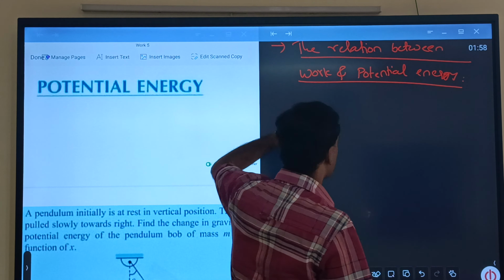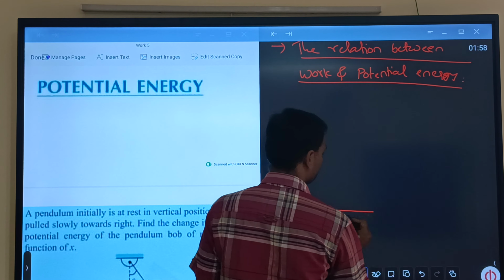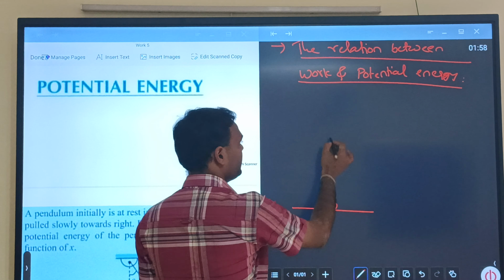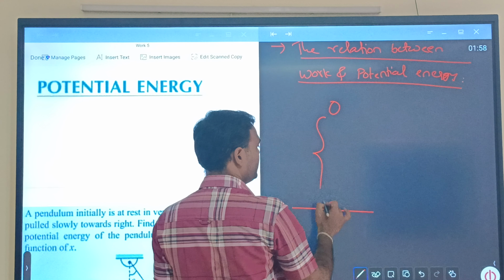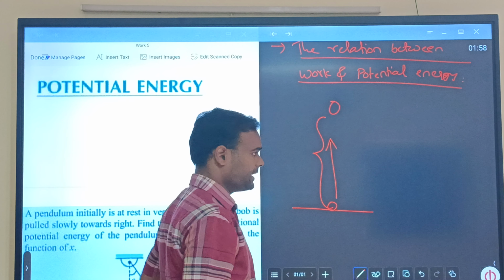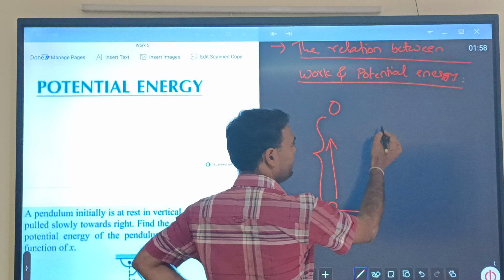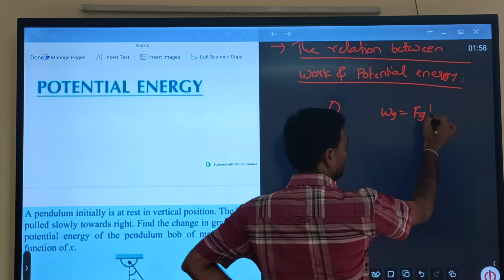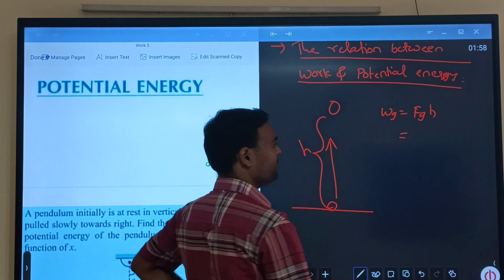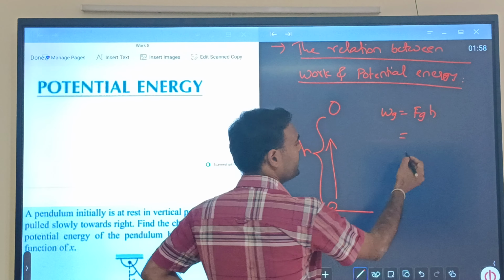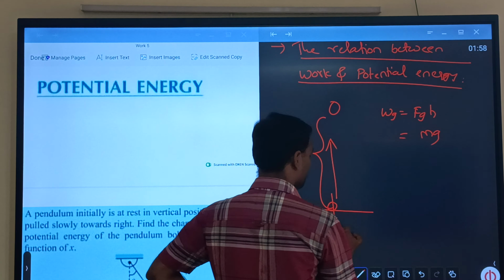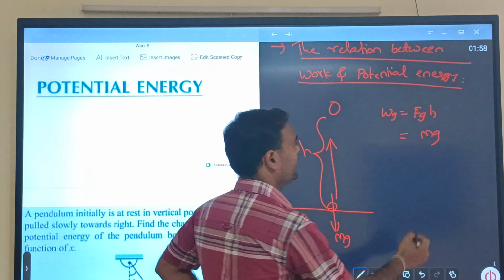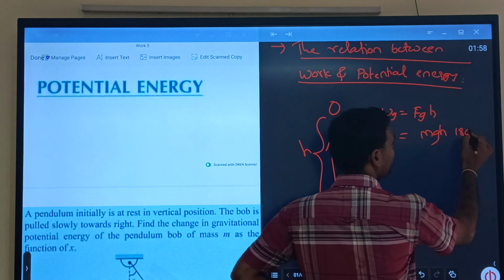Now let us see a case. Suppose an object is present here. This object is thrown in the upward direction. Then the work done by gravity is force due to gravity times displacement. The force due to gravity is mg in the downward direction, and the displacement is in the upward direction, and the angle between these two is 180 degrees.